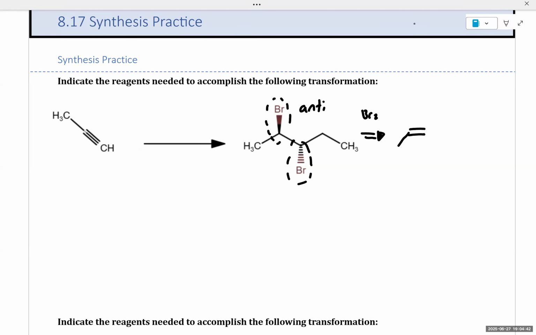So I can make this exact dibromide via dibromination of this alkene. Now, this is an E alkene, and I can get that via dissolving metal reduction of the corresponding alkyne.